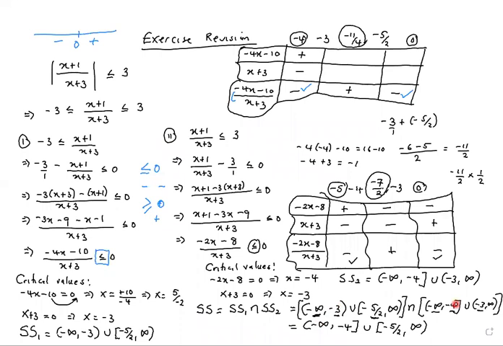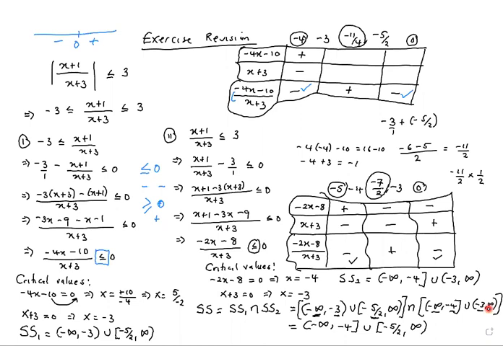In negatives, the bigger numerical value is the smallest. So between -3 and -4, -4 is the smallest. Then you go to the next intervals, this one versus that -5/2.